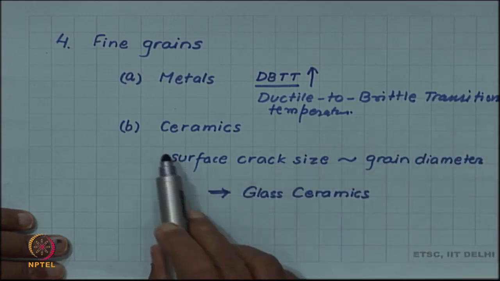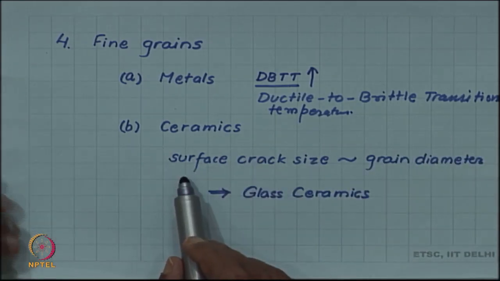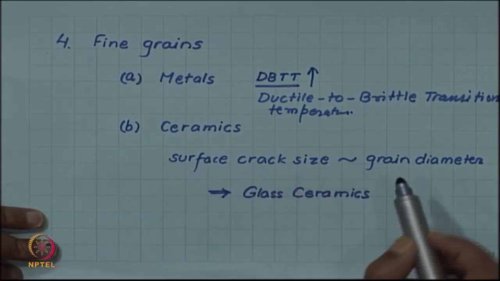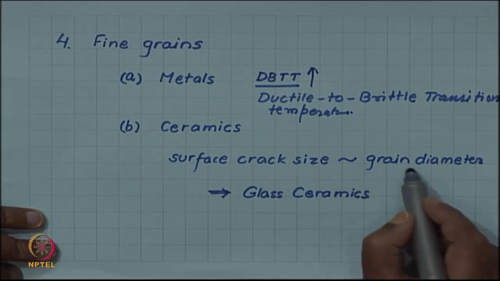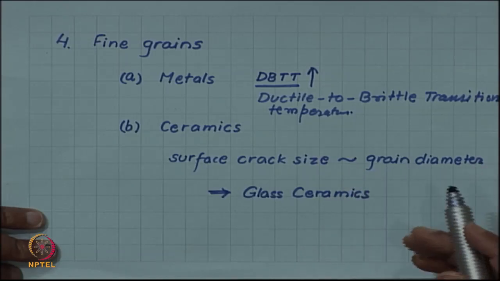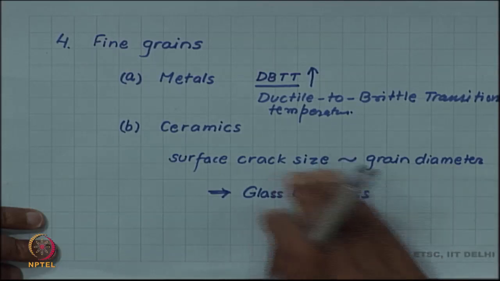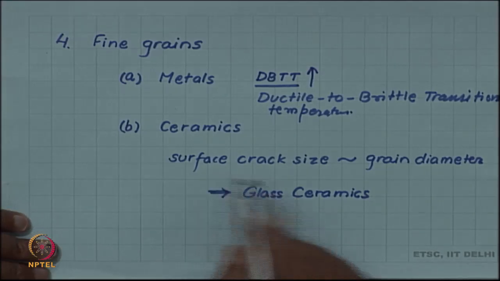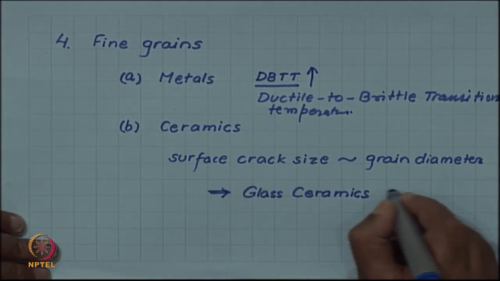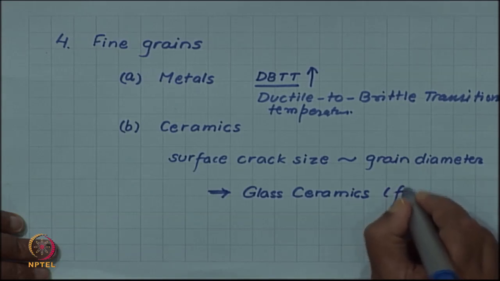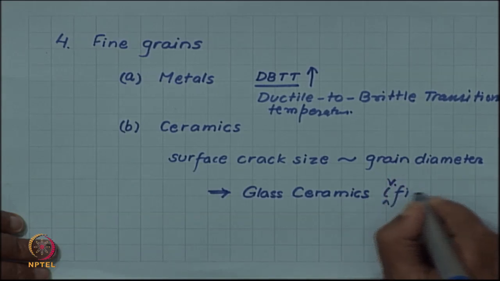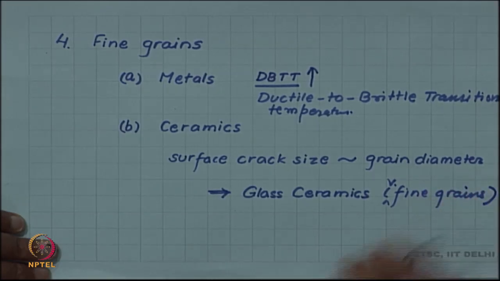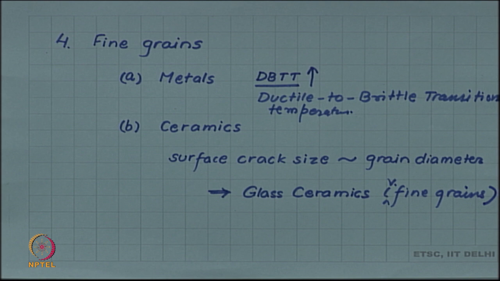Similarly, for ceramics, the grinding or manufacturing process usually introduces surface cracks of size close to the grain diameter. So if grain sizes are fine, the surface cracks will be reduced in size. A classic example of this is glass ceramics, which are produced with very fine grains. We will look at glass ceramics in a little more detail later.